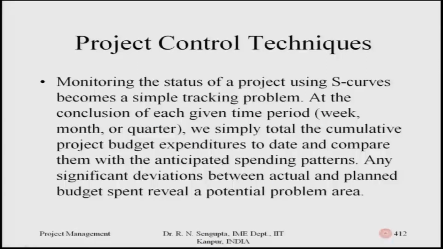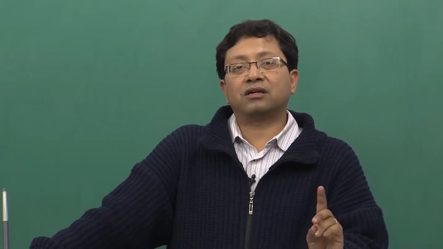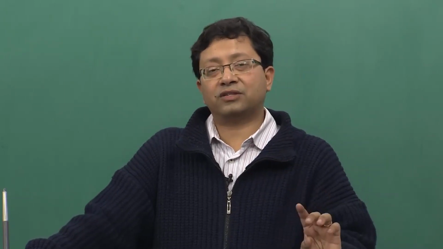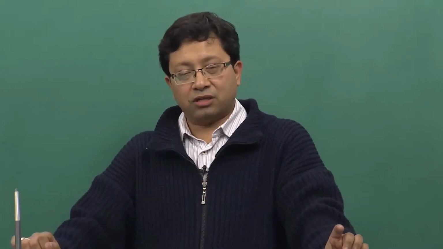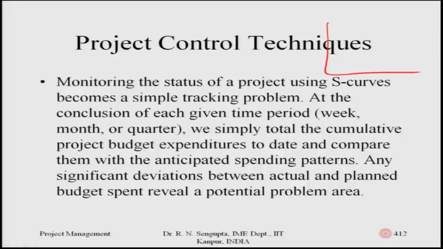Monitoring the status of the project using S curves. If you remember the curves which we considered for the early start, late start, early finish, late finish, for the total cost, that is the cumulative cost functions. I am sure you remember, we drew the early start, the late start, early finish, late finish, the overall cumulative cost.